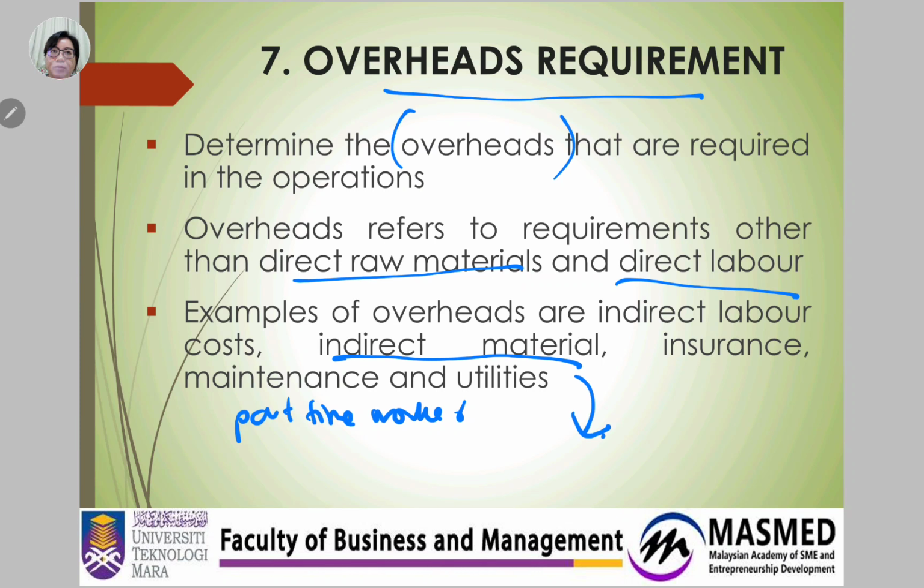For example, during festive season or special occasions like Valentine's Day, you may need to have extra ingredients like chocolates, more chocolates, or extra ingredients like strawberries or flowers, something that is needed for that particular occasion, which is not part of your monthly purchases. So these are overhead requirements.